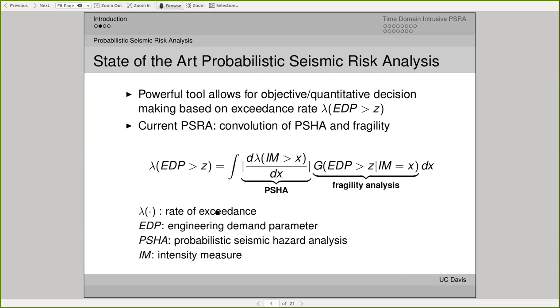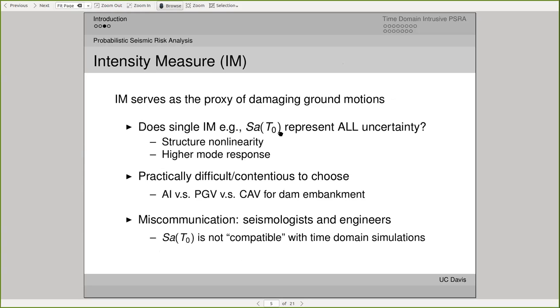The exceedance rate of, for example, an engineering demand parameter is calculated as a convolution of the seismic hazard analysis and the structural fragility. This has been a very powerful tool that allows us to do objective and quantitative decision making. However, it does have several significant issues. Number one is the use of intensity measure in the current framework.